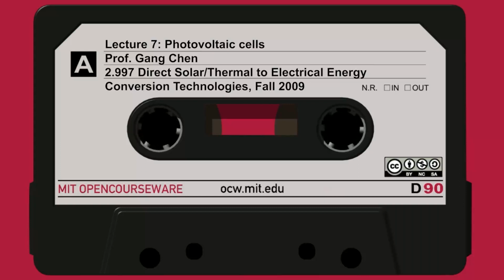Silicon is here, 1.1, not too far from the optimum. So this is about 31%. So that tells you if you build a silicon cell, this is about the best you can do in terms of efficiency.